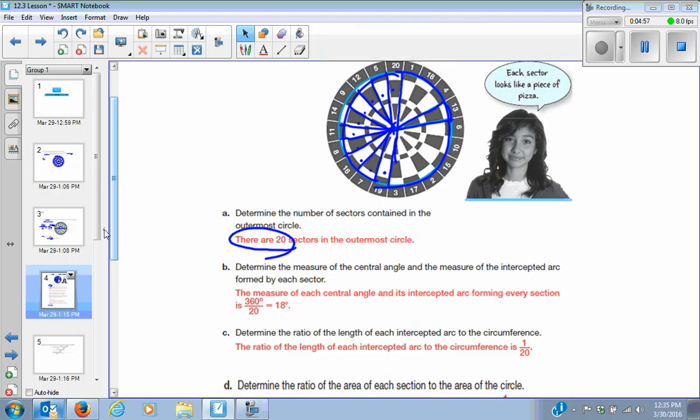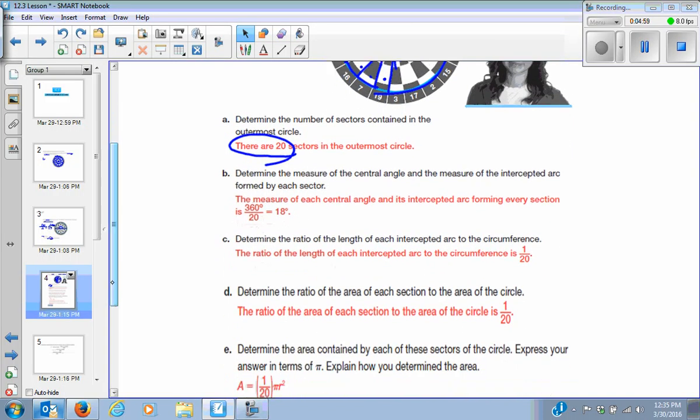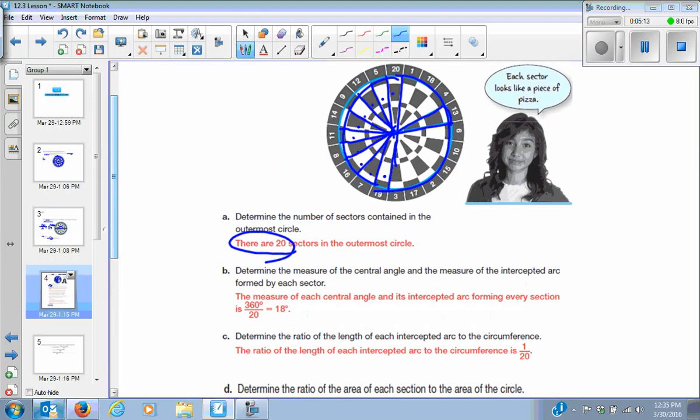Now, it says, determine the measure of the central angle and the measure of the intercepted arc formed by each sector. Well, we know that the central angle is going to be divided up. A full circle is 360 degrees. That's a pretty darn good circle. I'm proud of myself.